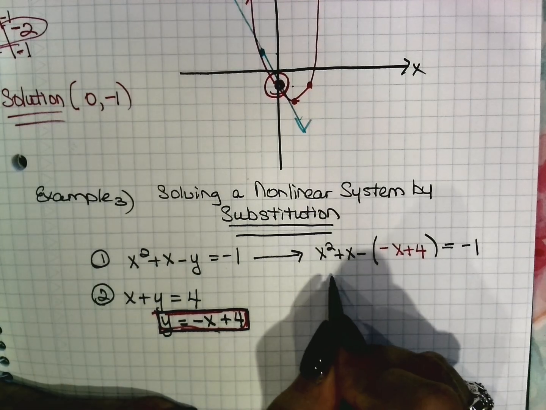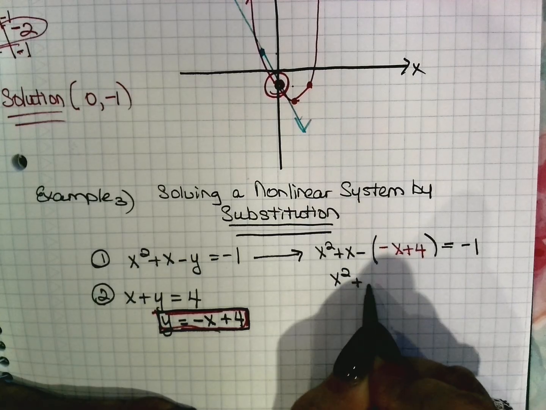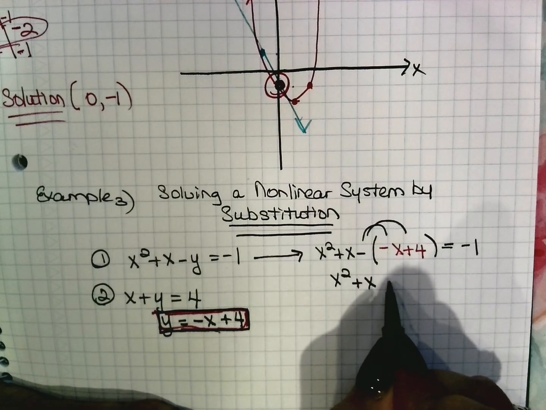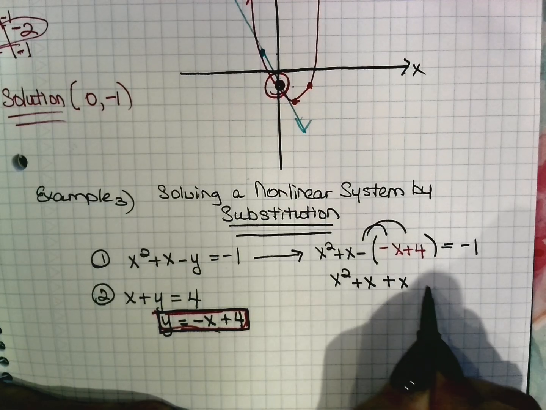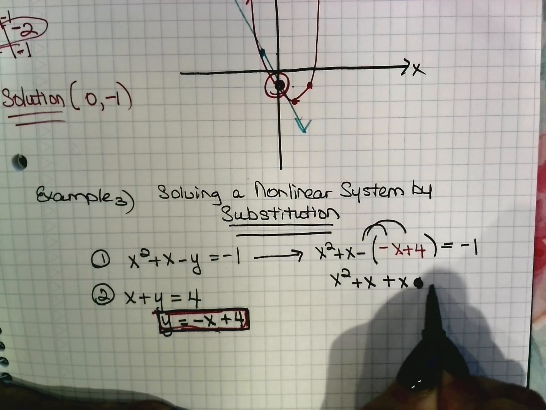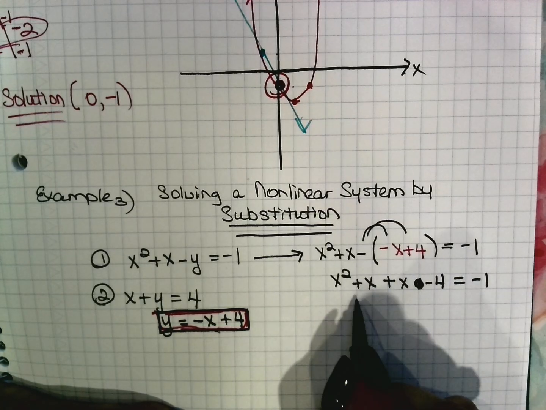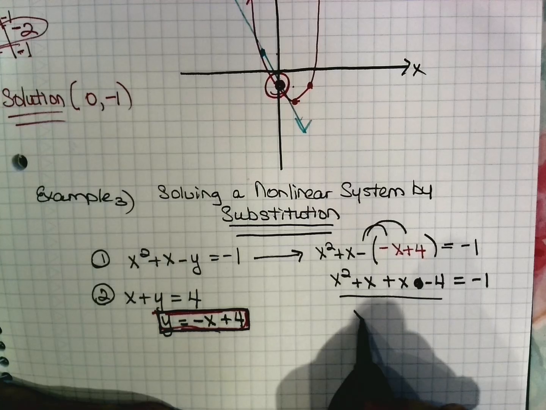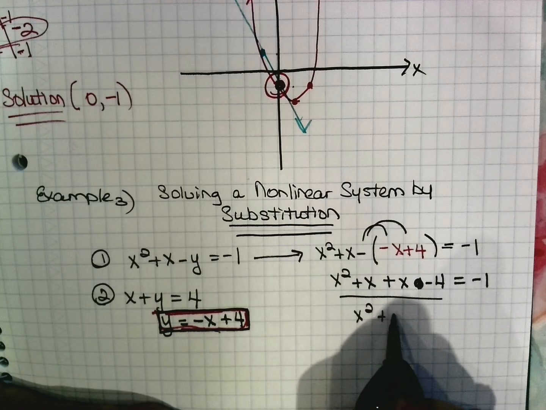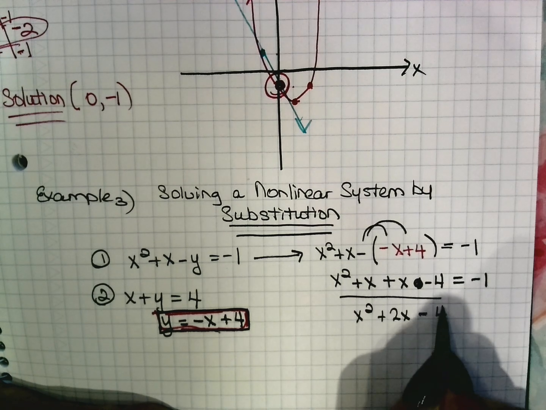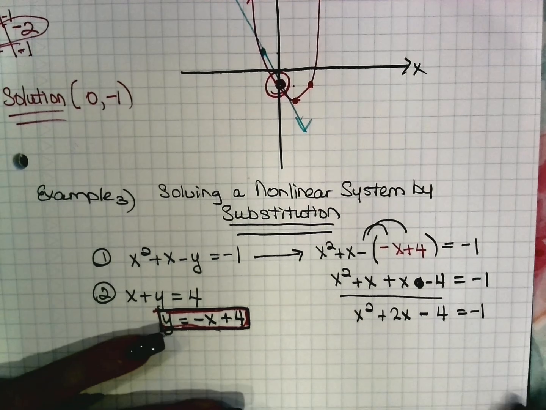So here we go. This is x squared plus x, and we got to distribute that negative. So this is going to become plus x minus 4 equals negative 1. And this is just x squared plus 2x minus 4 equals negative 1.